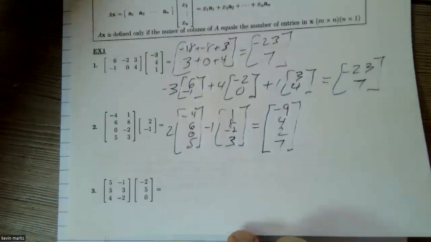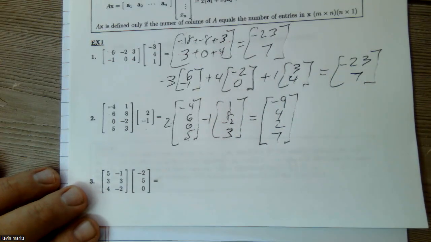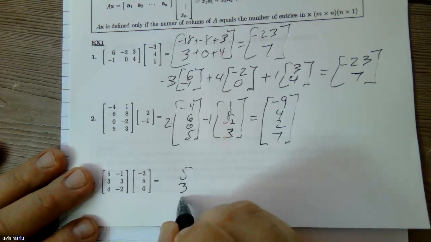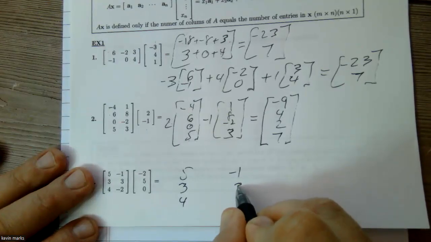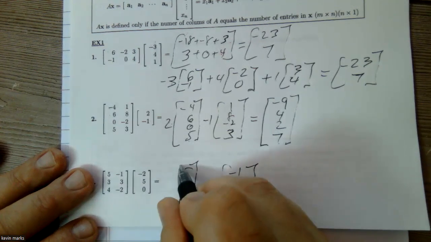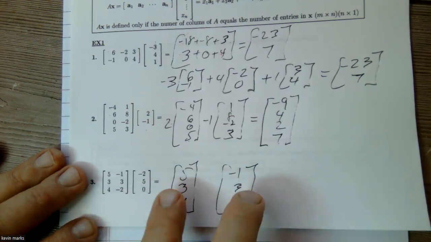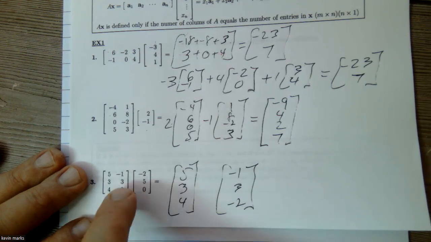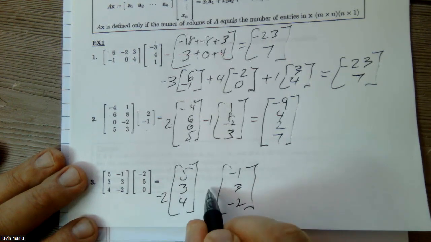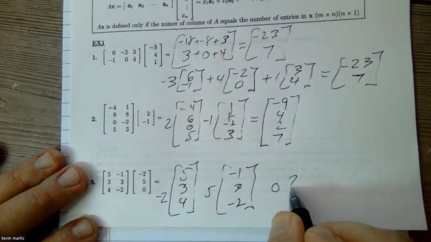All right. So again, another one would be great to ask him, but you can kind of think of it as 5, 3, 4, negative 1, 3, negative 2. So you can think of it as, this is my matrix, we are trying to find some linear combination of these columns, of these vectors, okay? But you would use the corresponding weights of negative 2, 5, and 0, right?